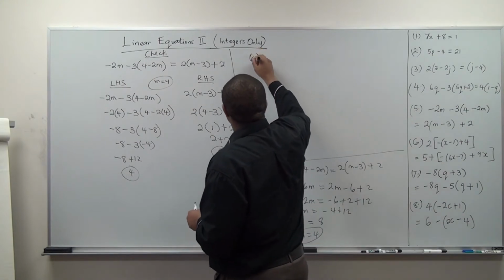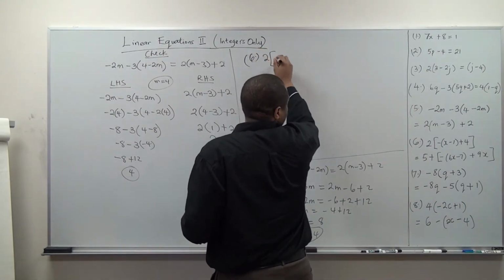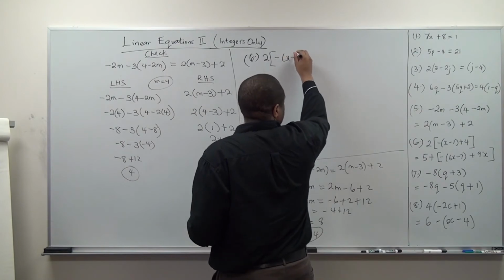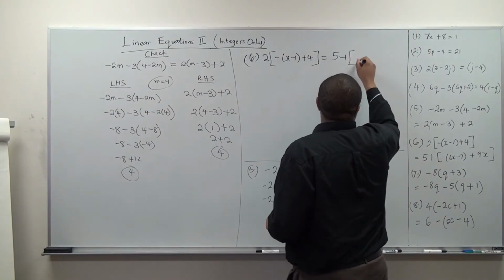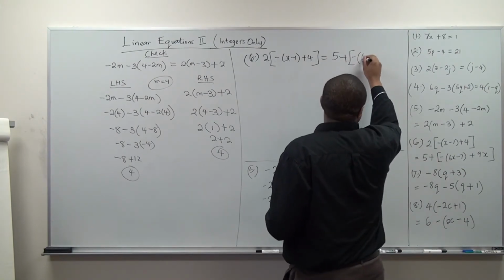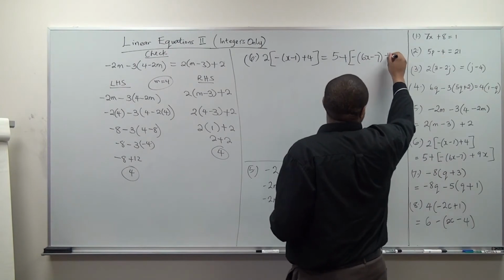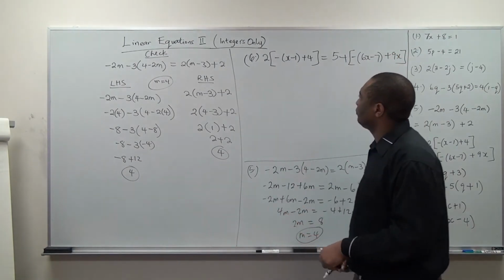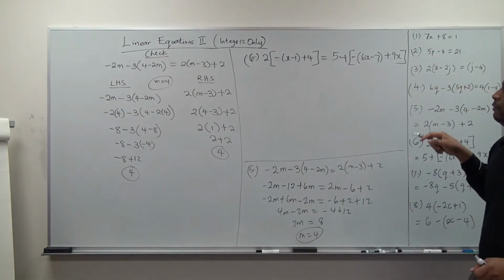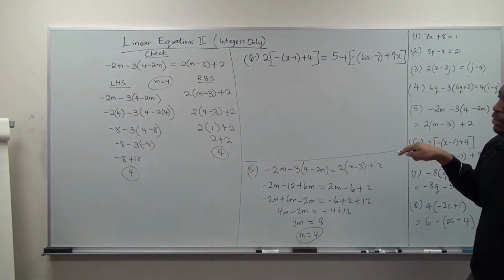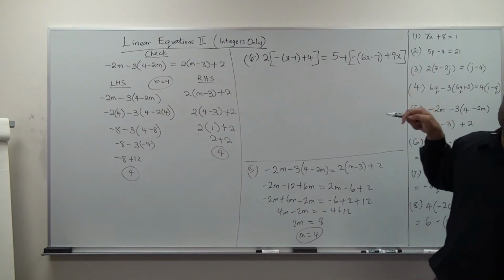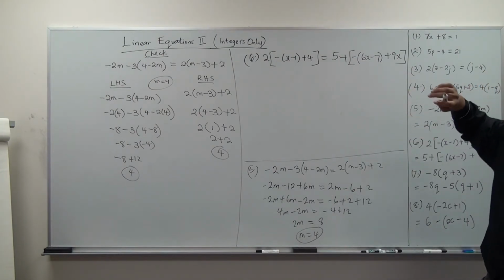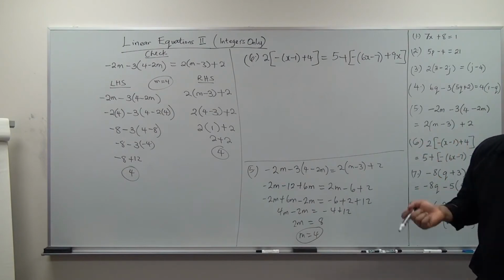Question 6: 2 into bracket negative parenthesis x minus 1 close parenthesis plus 4 close bracket equal to 5 plus bracket negative parenthesis 6x minus 7 close parenthesis plus 9x close bracket.